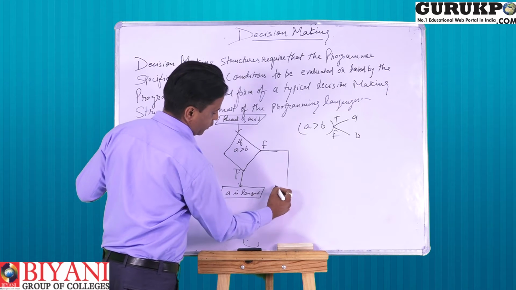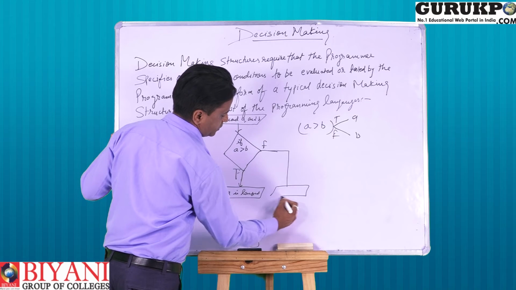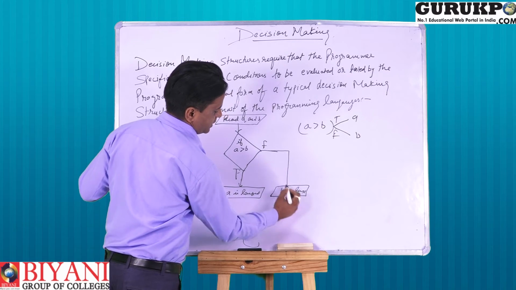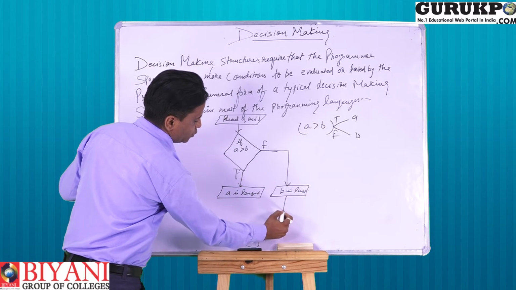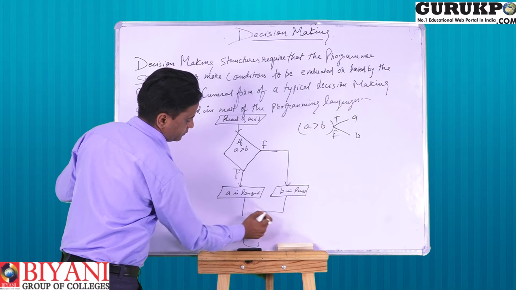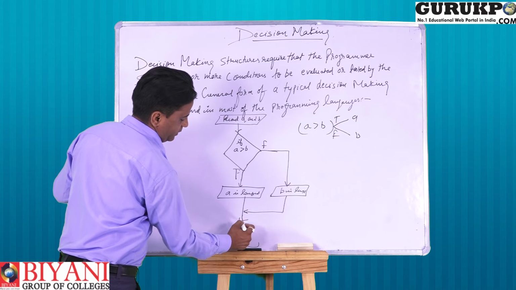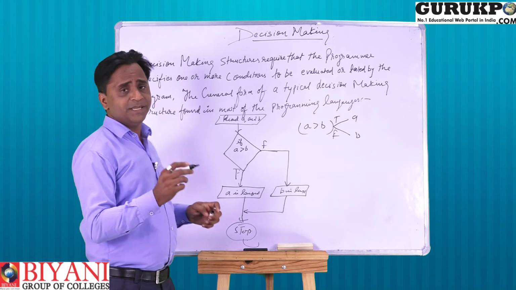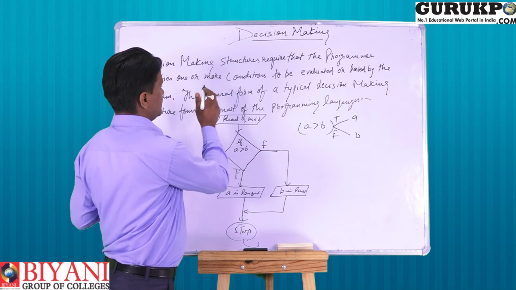If the condition is false, then it goes to B is largest. Then it goes to this position and stops. It means basically we have to see the decision.